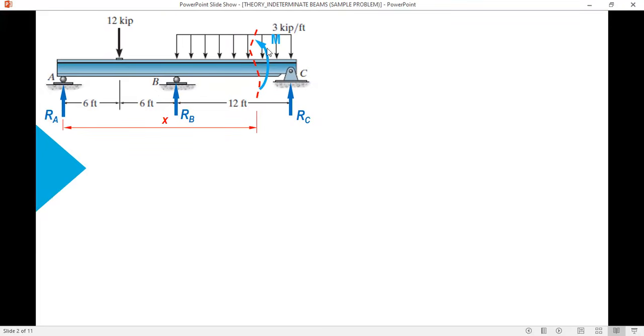So we get the equation of moment M, we have this one. M equals RA times X. Originally, if we sum up moment about the cutting section and denote counterclockwise as positive, M is counterclockwise positive, RA is negative.